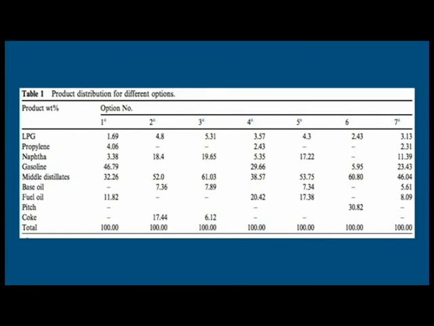As we can see in table 1, only schemes 1, 4 and 7 produced propylene, which by 2012 is the most expensive petroleum product, and in addition, only scheme 7 produced base oil, which is also one of the petroleum products with higher price.